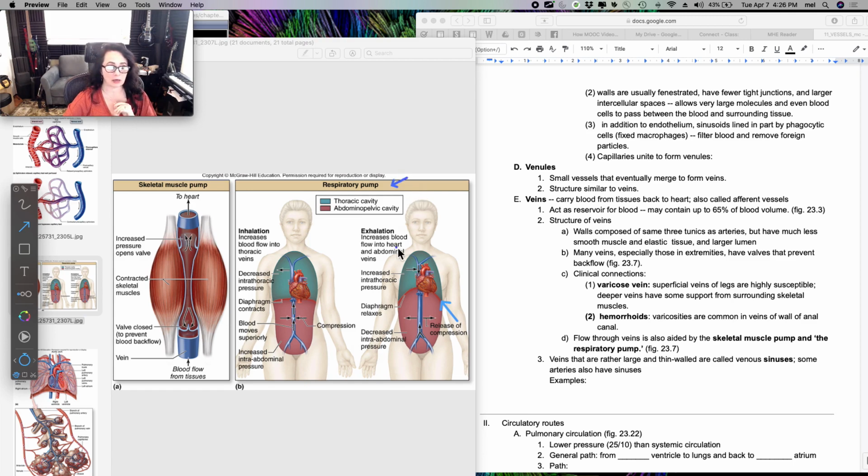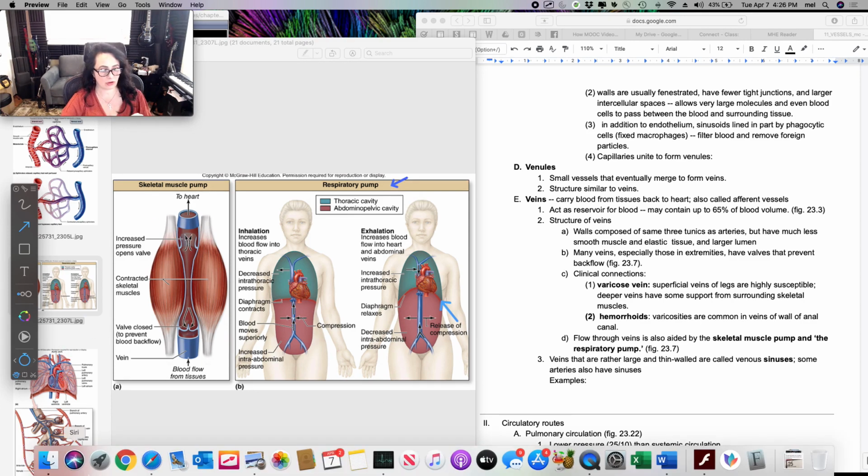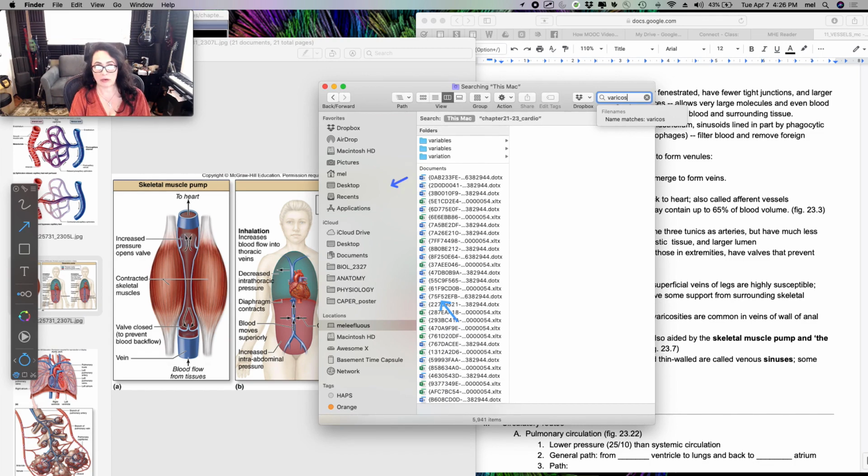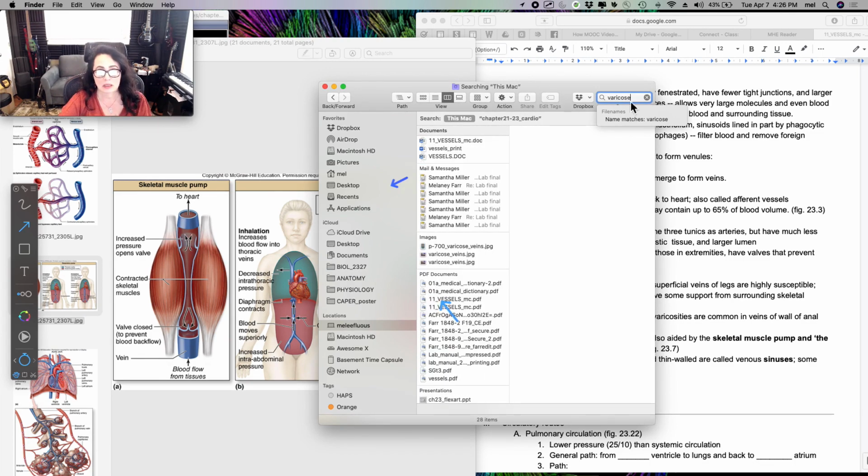That's the idea there. Sometimes these valves that we're seeing right here get kind of weak, and you can get varicose veins.